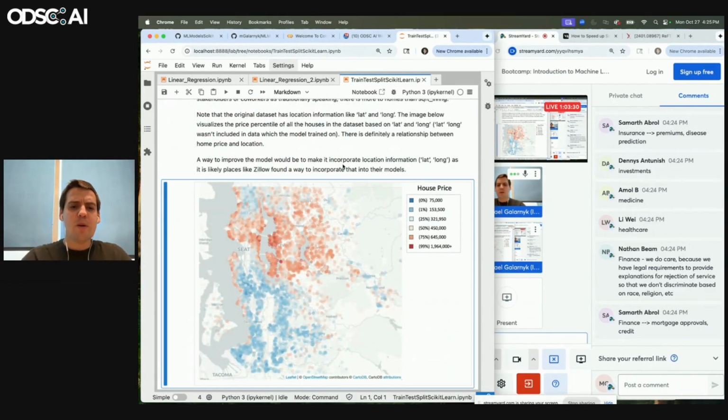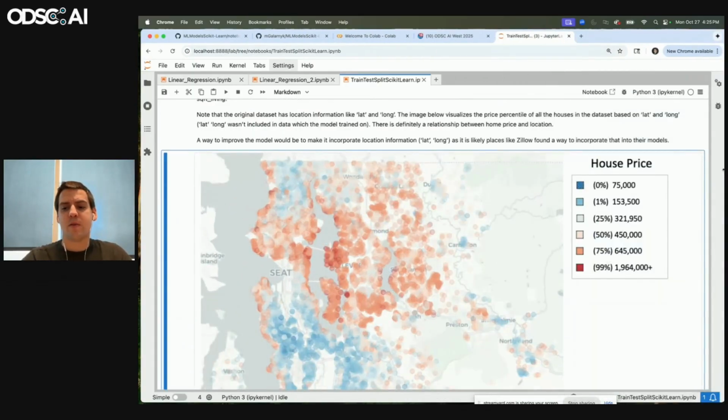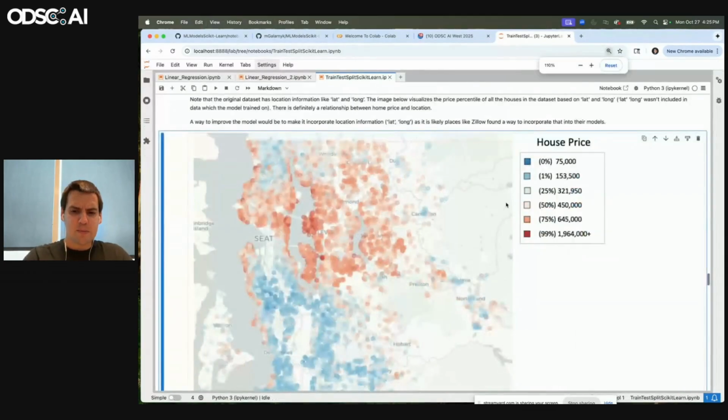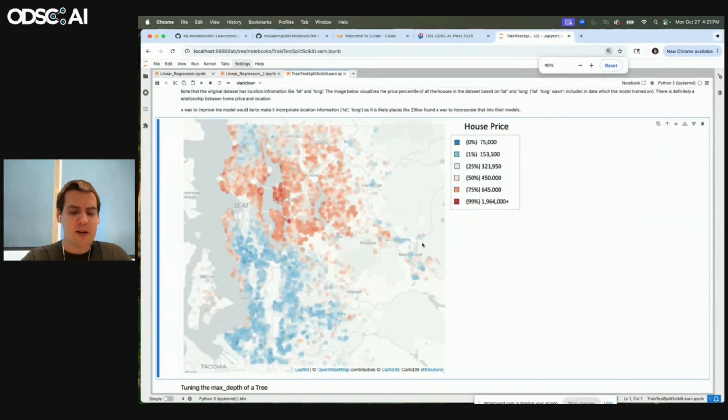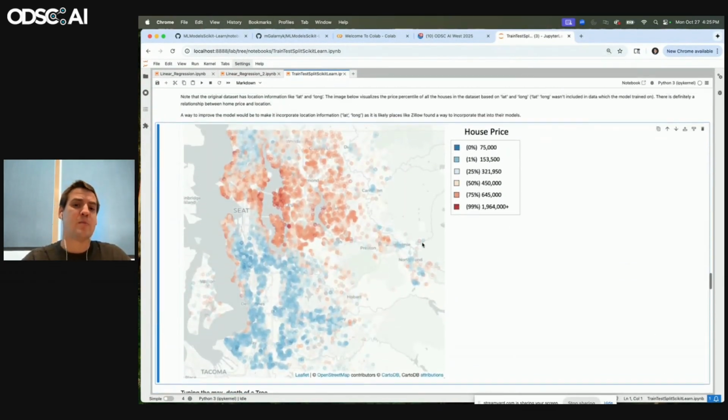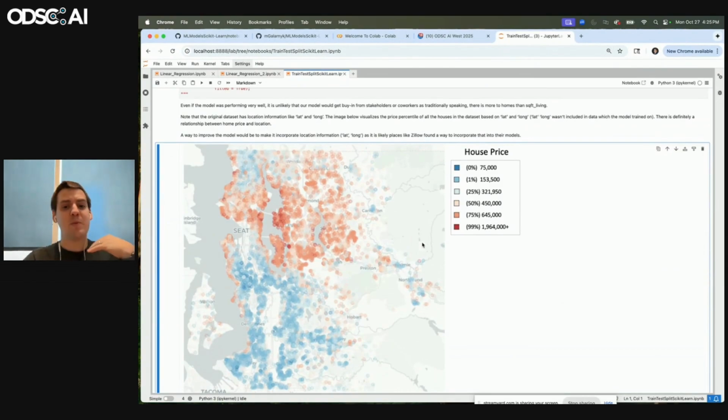And so one thing I kind of ignored, and I was hoping that everyone got, which everyone did, is that I could have done a lot of better things with the model I had, assuming the model would actually learn from it. And what I ended up seeing over here is that this is a map of King County, which includes Seattle, including Redmond. I used to live out here somewhere.